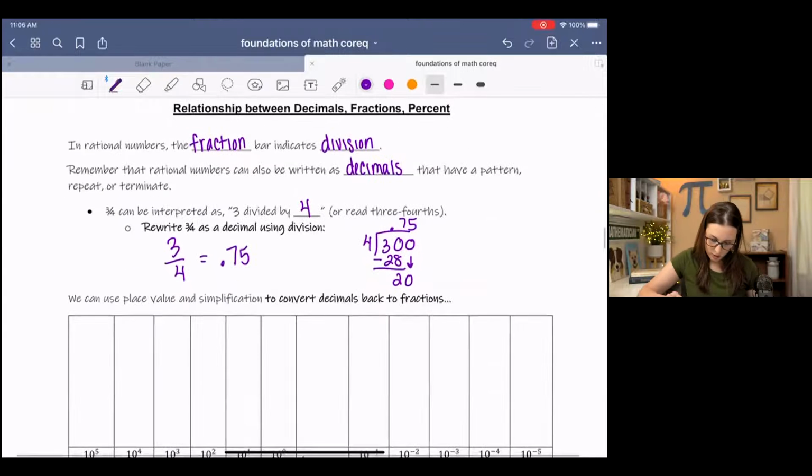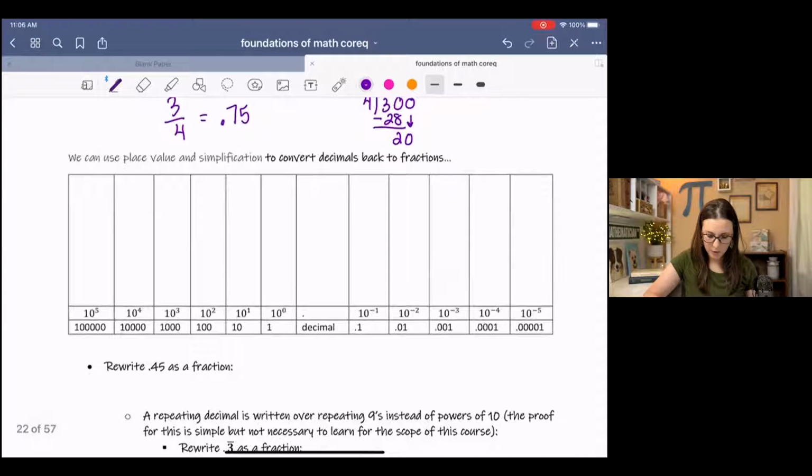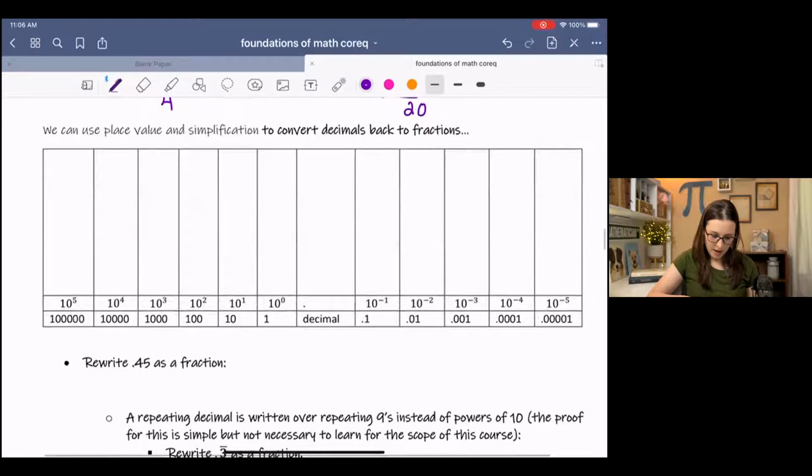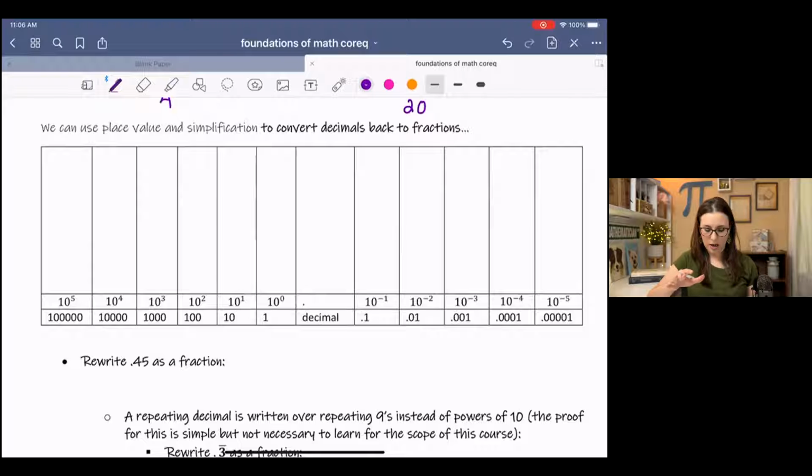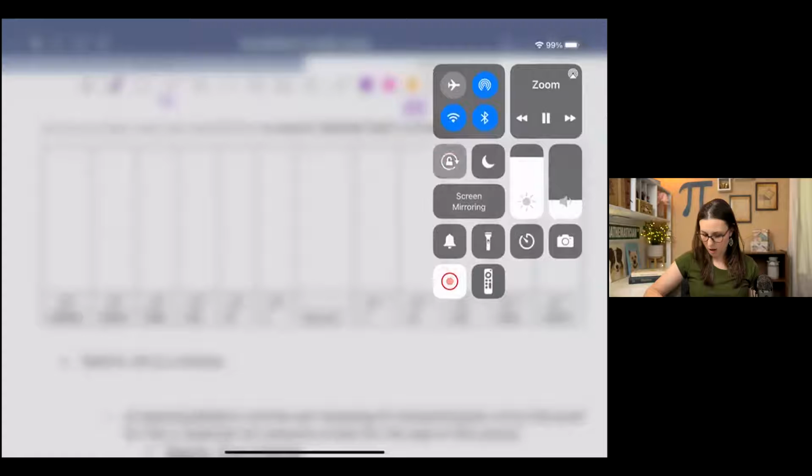And we can use place value and simplification to convert decimals back to fractions. I have a little table here to help us relate the place value to converting decimals back to fractions. I've got the decimal in the center. And then each place value is, let's see if I can turn this for a second. Let me lock that.